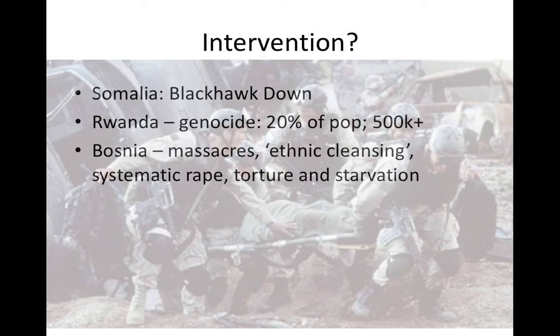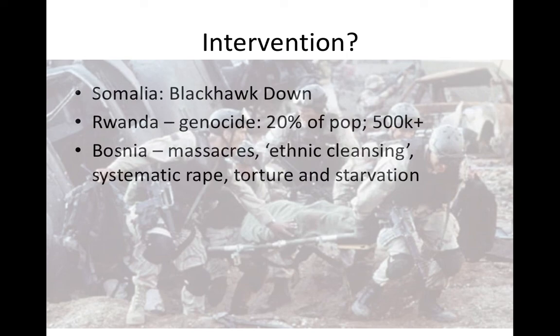Serbia tried to conquer Bosnia, and the leader of Serbia led an ugly campaign to get the Bosnians to capitulate, and part of that was ethnic, and part of it was religious.